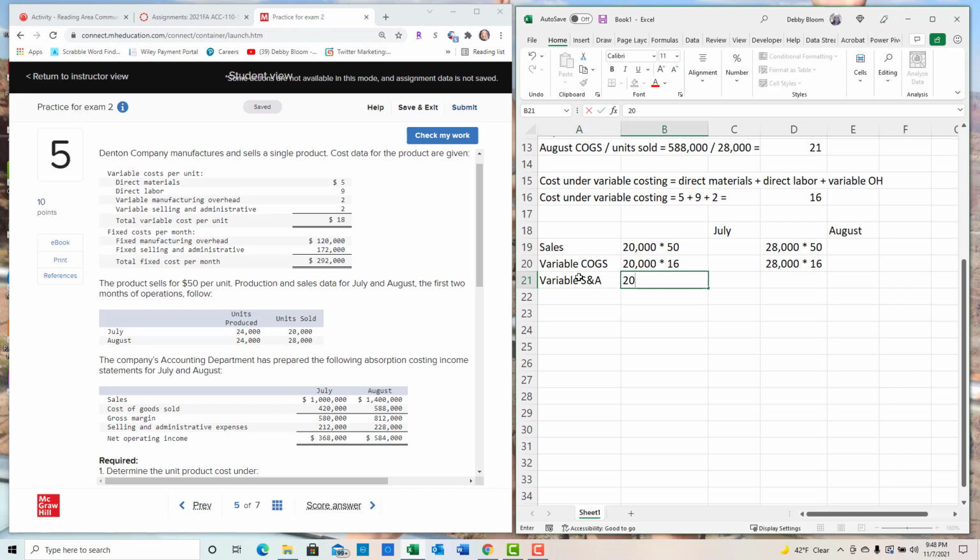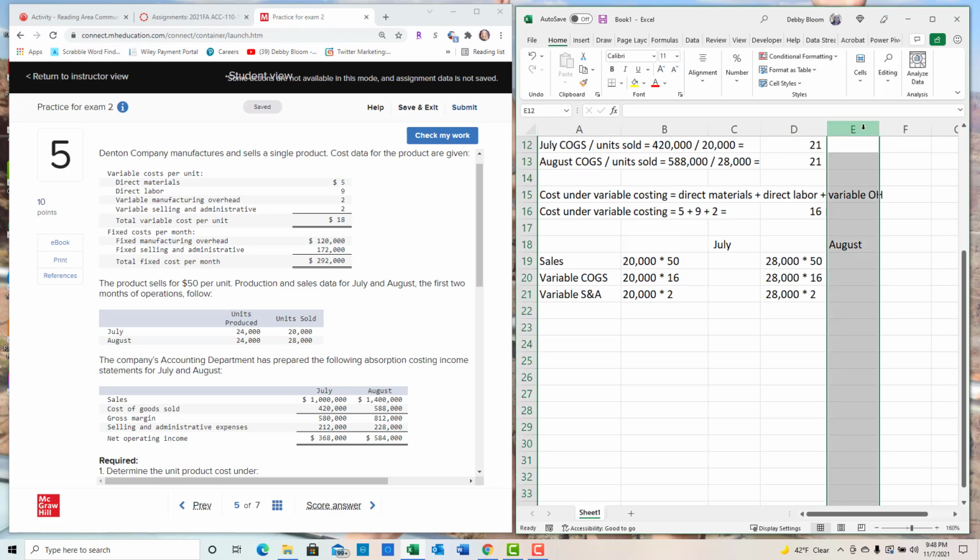So again, 20,000, and it was given in the problem that that's $2 a unit, and 28,000 multiplied by $2 per unit. So I'm now going to do the calculations and at least get us through the contribution margin before we subtract the fixed costs.